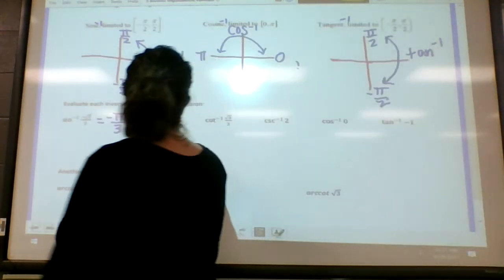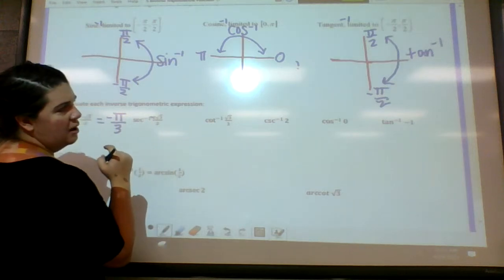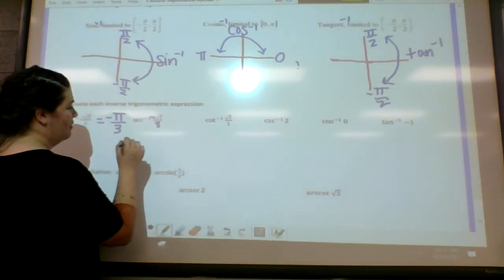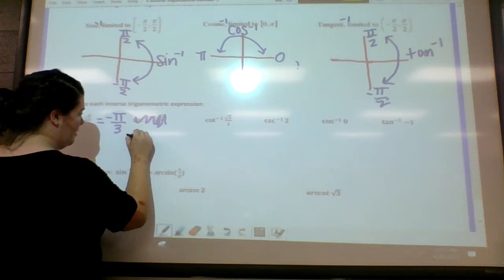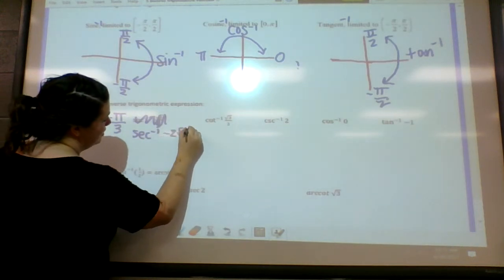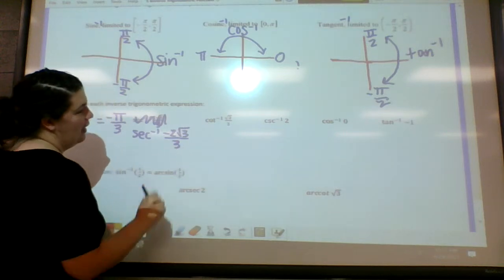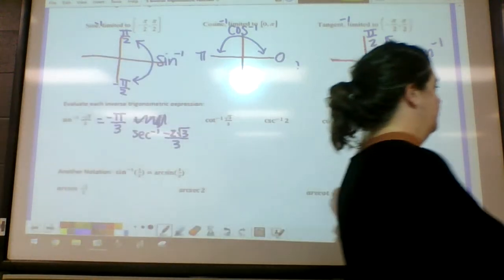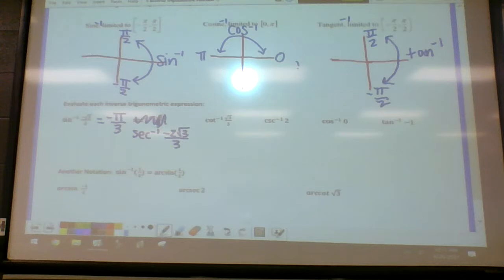Negative 2 square root of 3 over, this is a typo, put a 3. Let's just start over. Hold on. Secant inverse, negative 2 square root of 3 over 3. We're going to roll with that new question, all right? My bad. I'll have to fix that for the future.